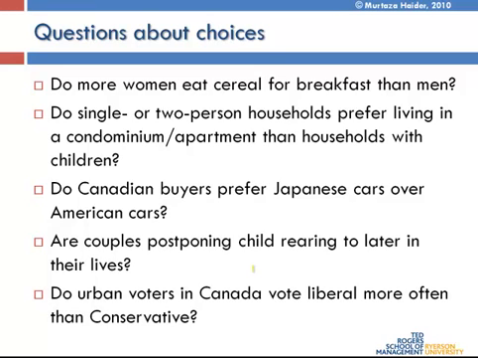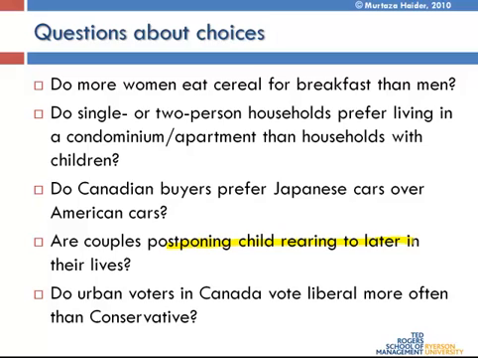Or a question: do Canadian buyers prefer Japanese automobiles over American cars? So there's a choice between what national make of a vehicle you would buy. Or a question about whether couples are postponing child rearing to later years in their lives.